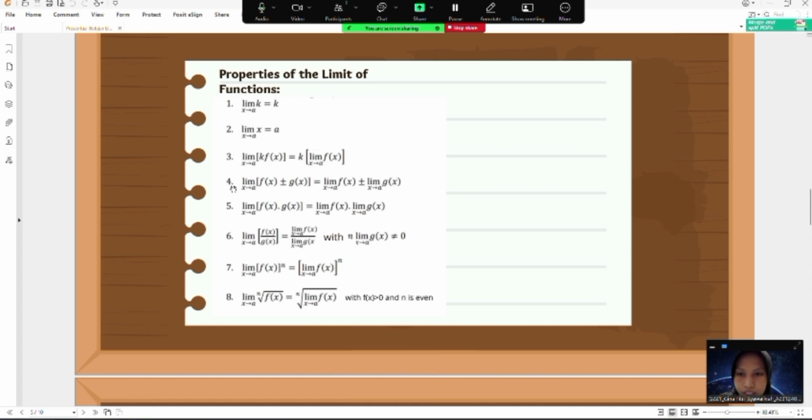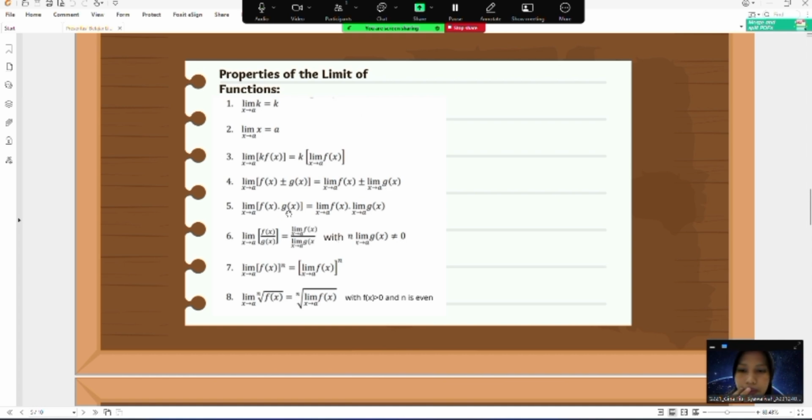Next properties. Okay, for the next properties is limit as x approaches a for f(x) plus minus g(x) equal limit x approaches a for f(x) plus minus limit x approaches a for g(x).